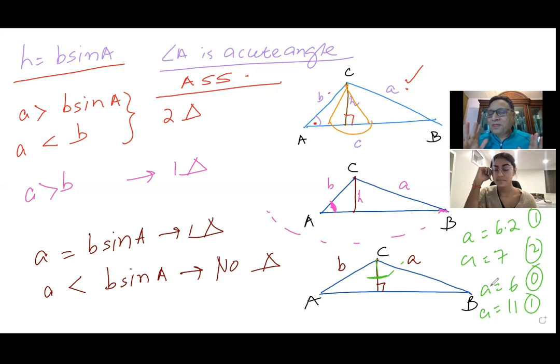If A is equal to B sine A, then again one triangle, and that too a right angle triangle, so you'll get the angle directly. But if A is between the height and B, then you can make two triangles, and this is what is called the ambiguous case, because there are two options.